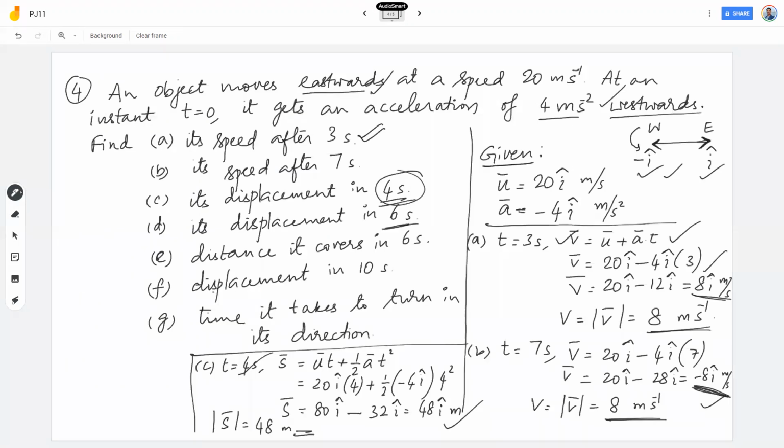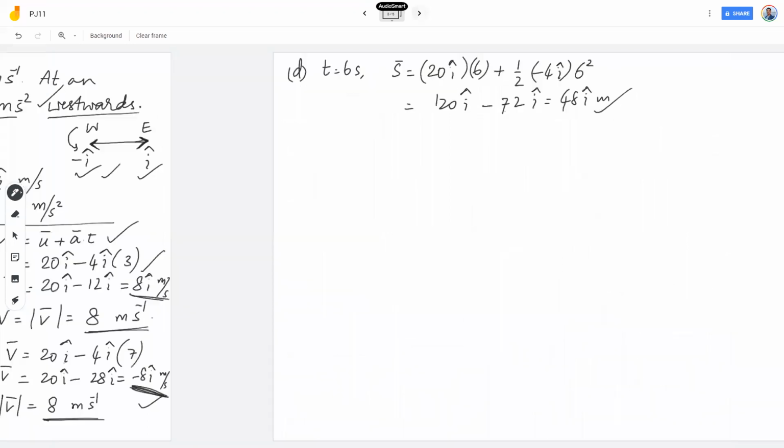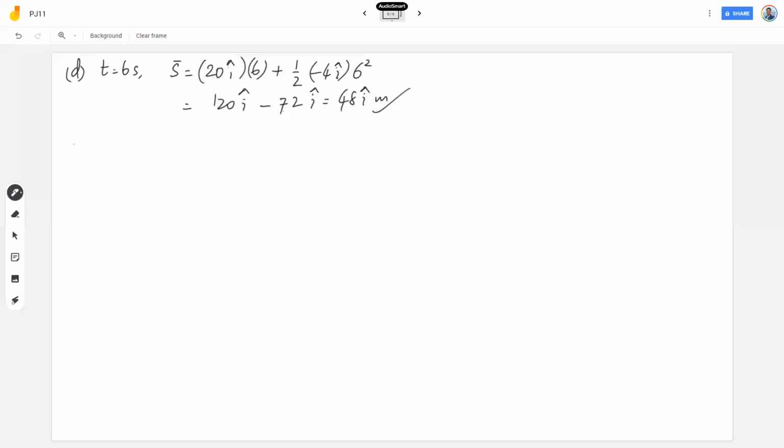Okay, so what is question E? Question E is the distance it covers in 6 seconds. Now, this is a tricky question. In question E, T is equal to 6 seconds, and they're asking you to find the distance it covers. For that, let us check out some timeline. Let us say this timeline, this is the time instant T equals 0.